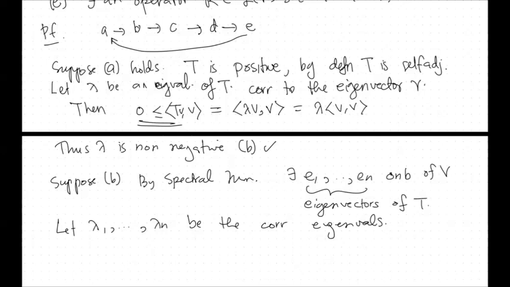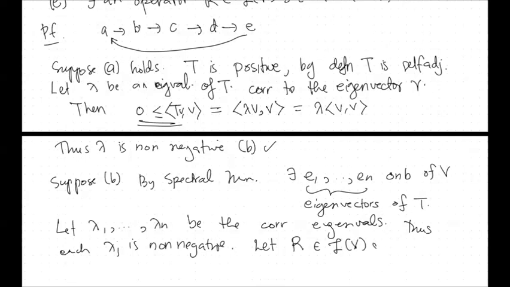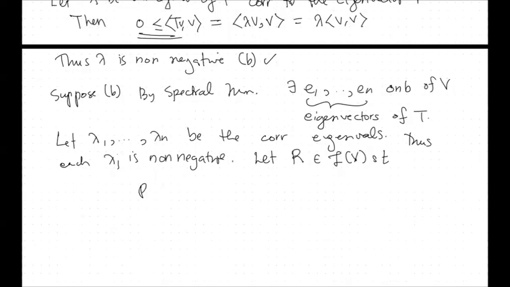Then what can you say? We can say that each lambda sub j is non-negative. Let us consider a linear map R such that R of e sub j is just square root of lambda sub j times e sub j.